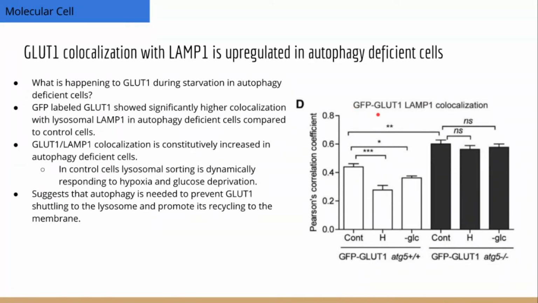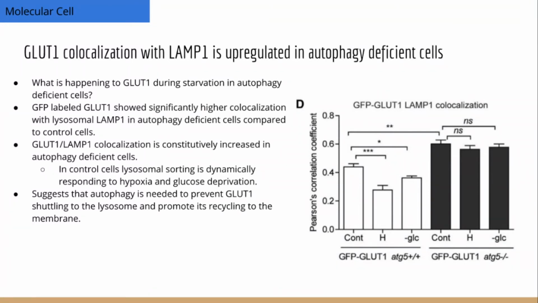So LAMP1 is a marker of the late endocytic and lysosomal compartments. And so this indicates that GLUT1 co-localized with these markers. That indicates that GLUT1 is moving towards degradation, pretty much the opposite path than what it should be doing, because normally GLUT1 is being recycled to the membrane, but in autophagy deficient cells, it's being degraded.